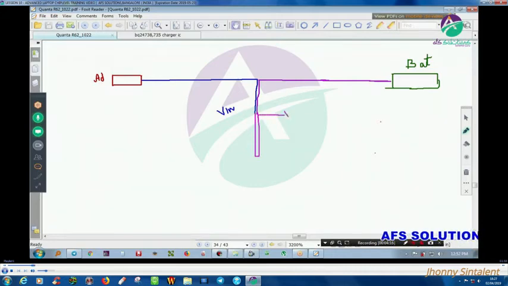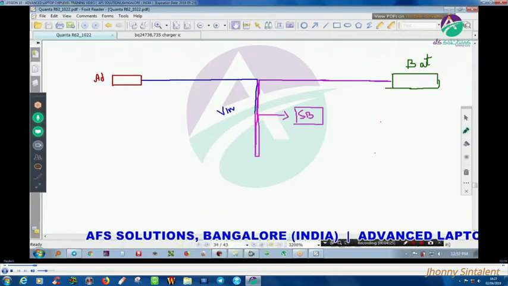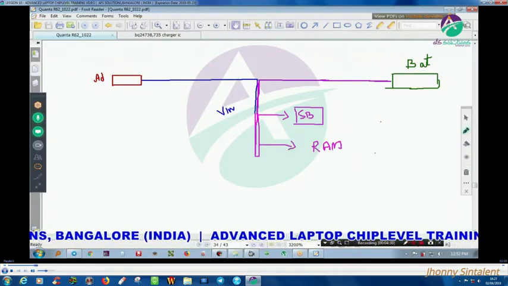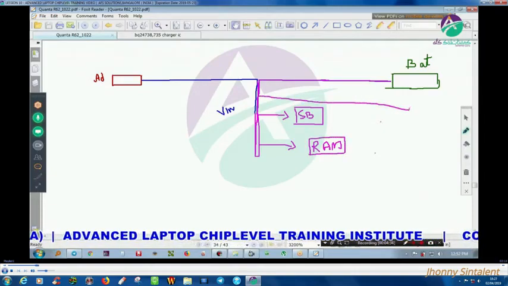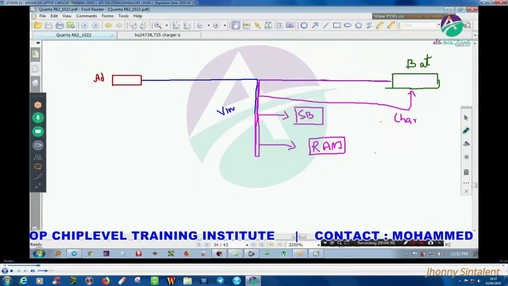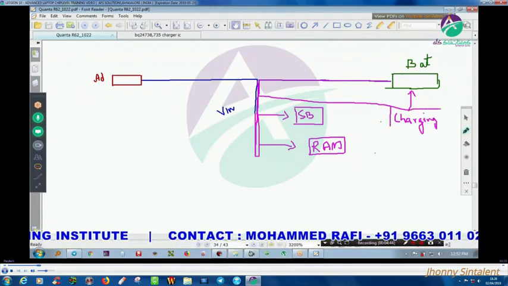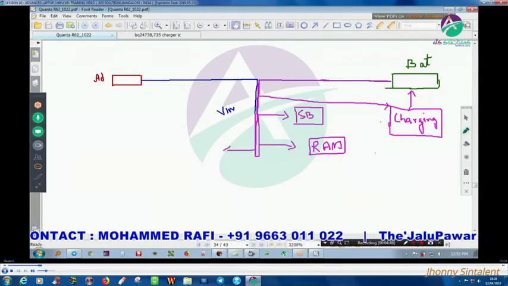Like I have my standby section, this voltage has to go to the standby section. I have my RAM section, I need a common voltage to go to the RAM section. The same, I need this voltage to go to my charging section also, to charge the battery.